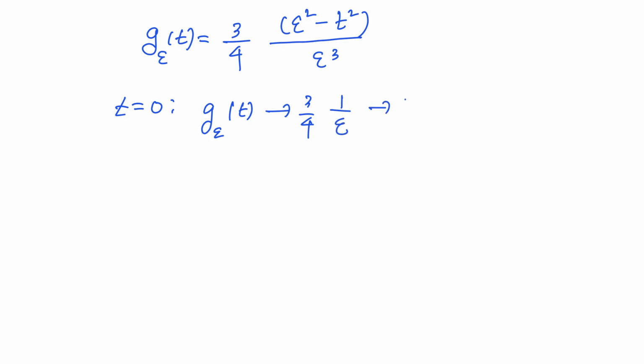So it goes to infinity as epsilon goes to 0. When t is not equal to 0, what happens?